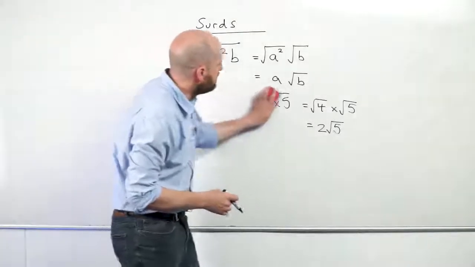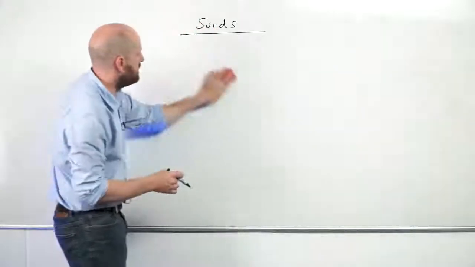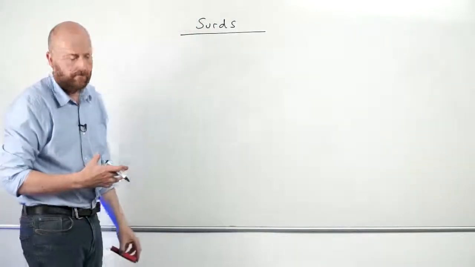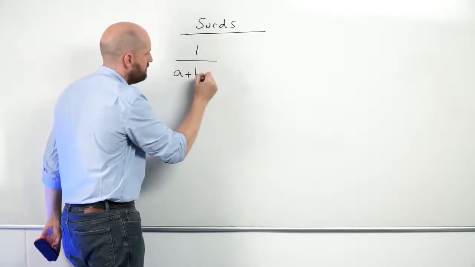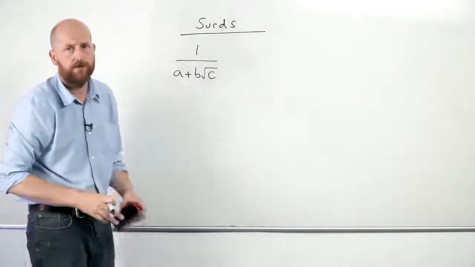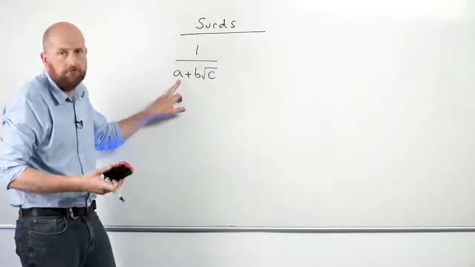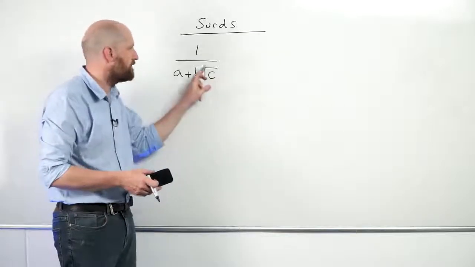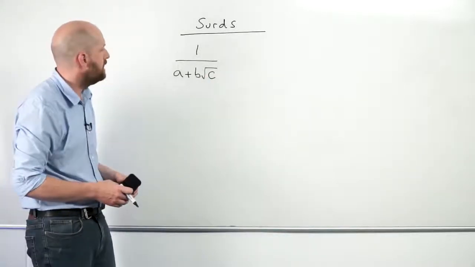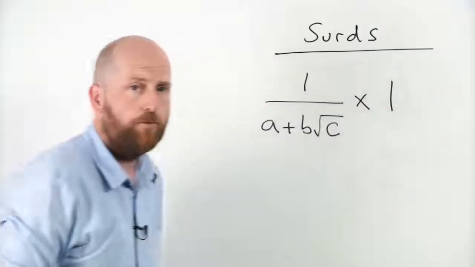The other way of simplifying these surds is slightly different, and that's using the idea of simplifying fractions which contain surds. So let's say I've got an expression like this. 1 over a, some number, plus b times the square root of c, where the square root of c here is a surd. Okay, well, what we do is, in fact, we multiply by 1.